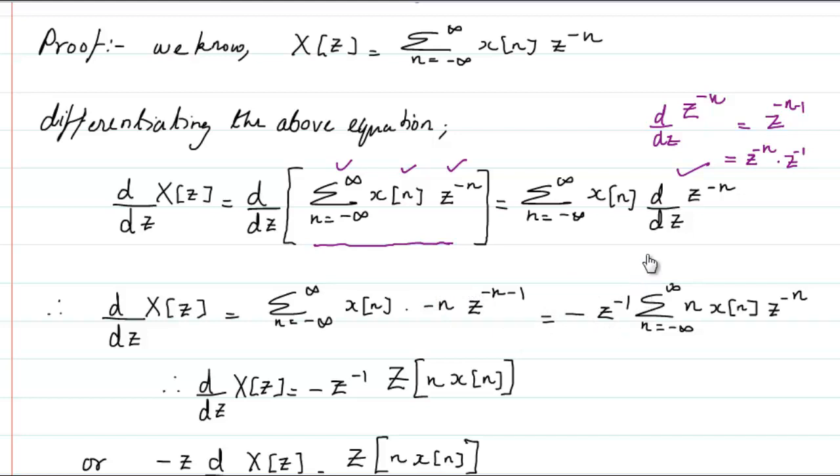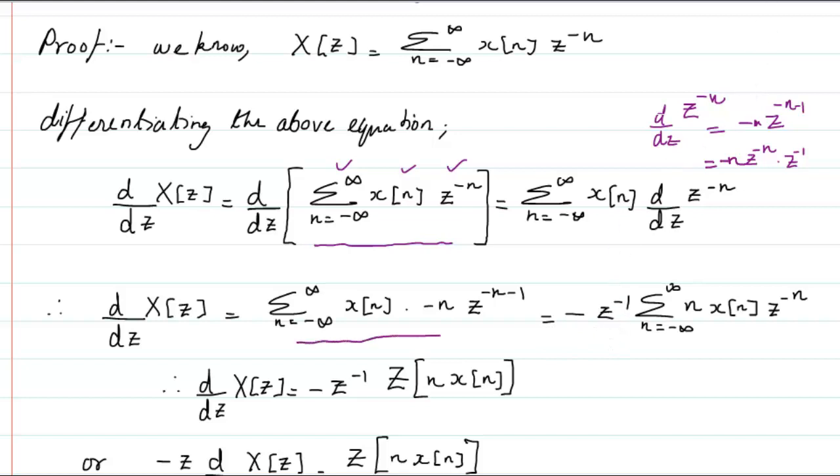Which can be written as minus n into z raised to power minus n into z raised to power minus 1, and that is what we are having here.